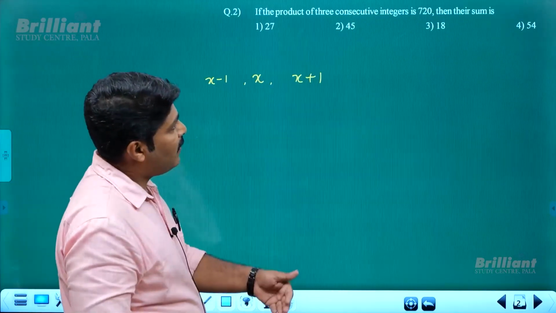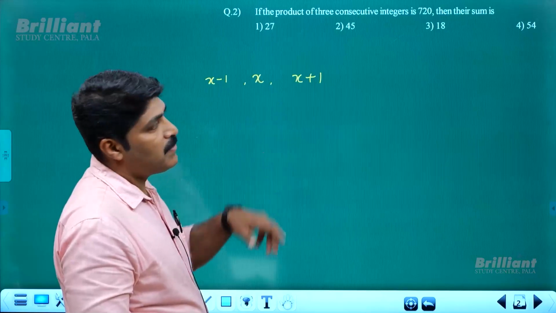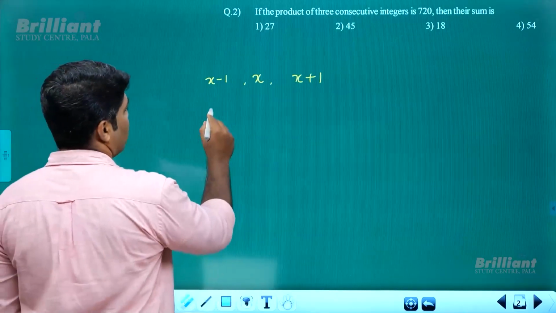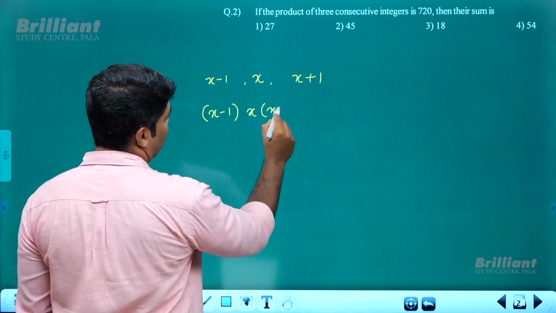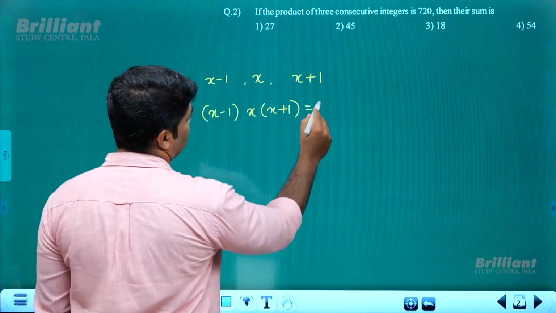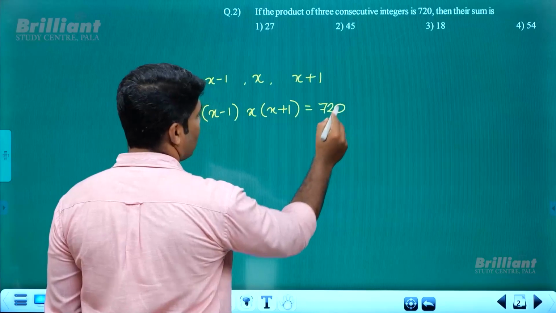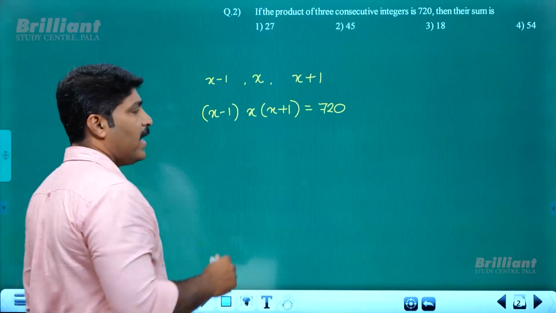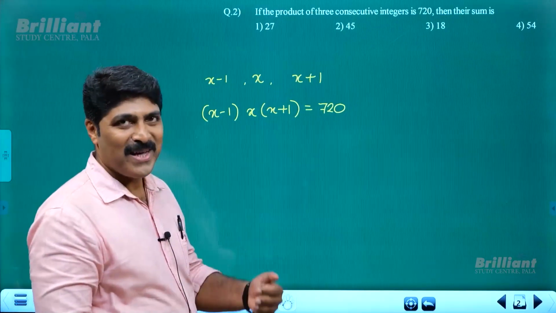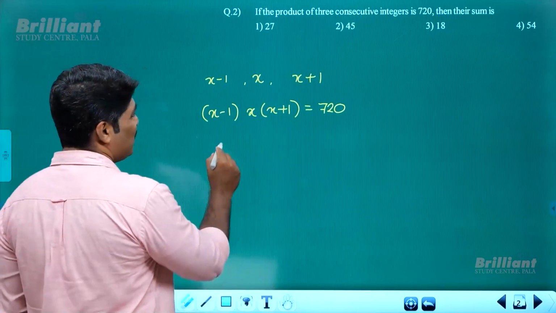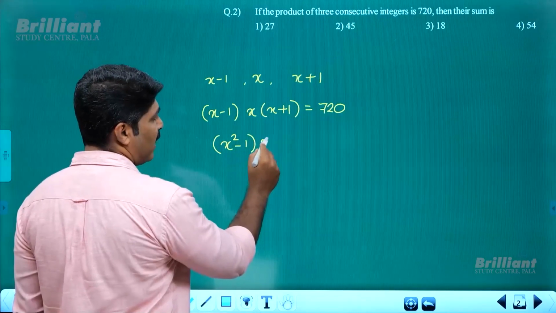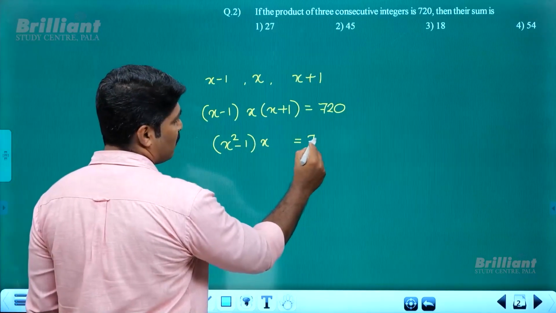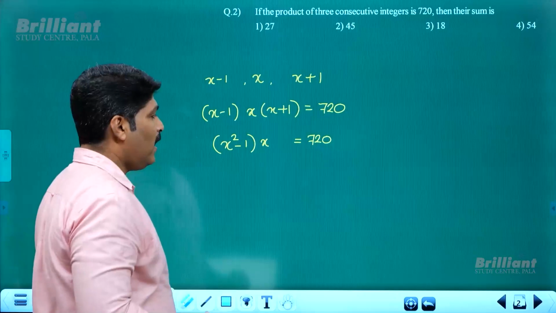It is given that the product of these three numbers is 720. So that is x minus 1 into x into x plus 1, equal to 720. Here we know the identity x minus 1 into x plus 1 equals x square minus 1, then into x equals 720.